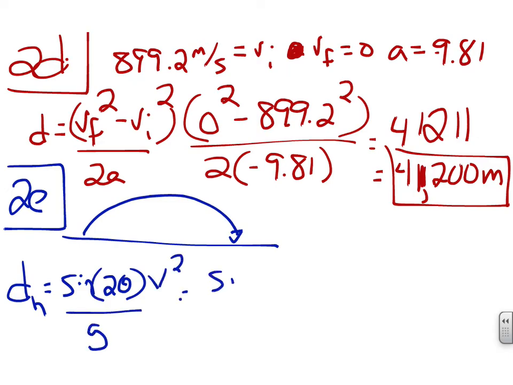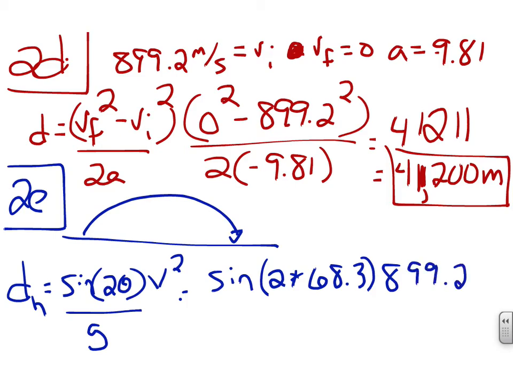So I'm going to take the sine of, and then inside the parentheses, make sure you do 2 times the angle, which in this case was 68.3, times the v, which again is the bullet's velocity, 899.2. Make sure that that gets squared, and then we divide by 9.81.